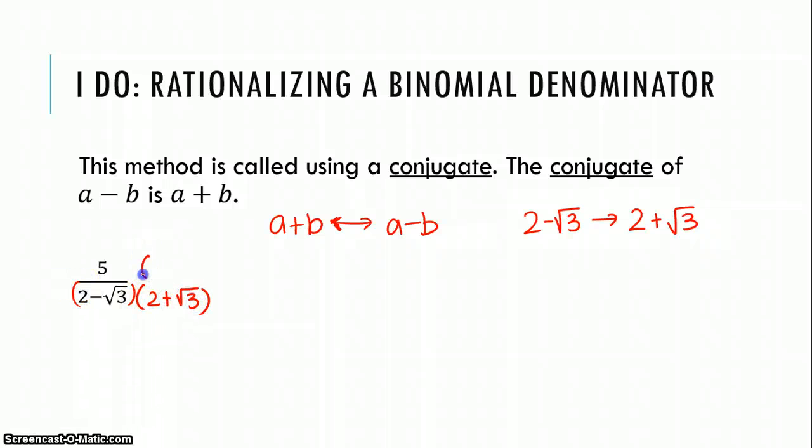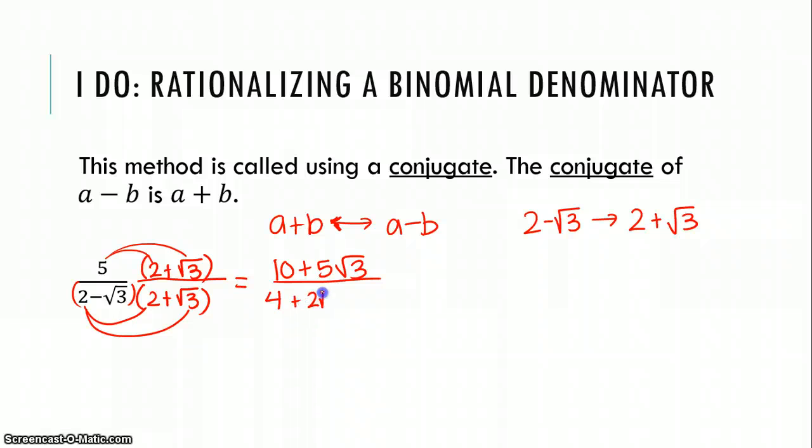So I'm going to multiply by the conjugate, and you'll see what happens here in a second. If I multiply both the numerator and denominator by the conjugate, and I like to use the parentheses to make sure I'm remembering to distribute where necessary. If I multiply 5 in the numerator, so that's 10 plus 5 root 3. In the denominator, though, I need to FOIL. So that's 4 plus 2 root 3 minus 2 root 3.